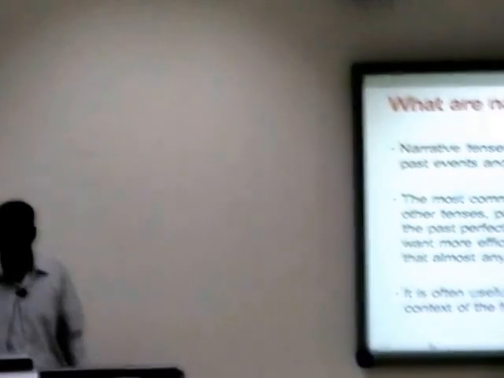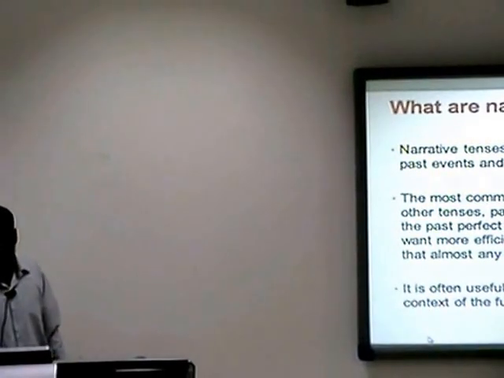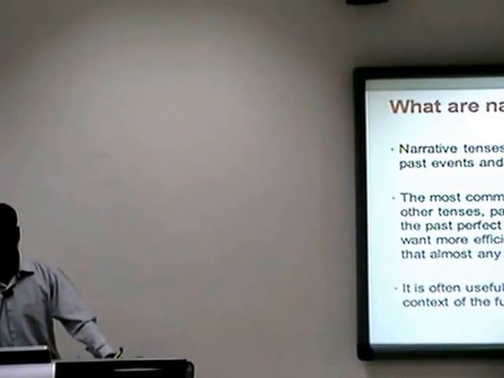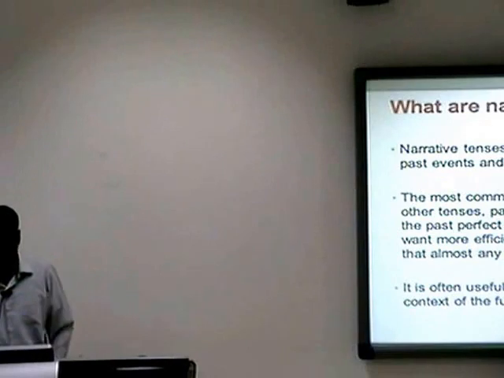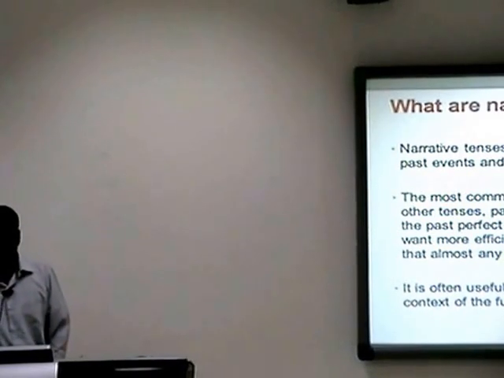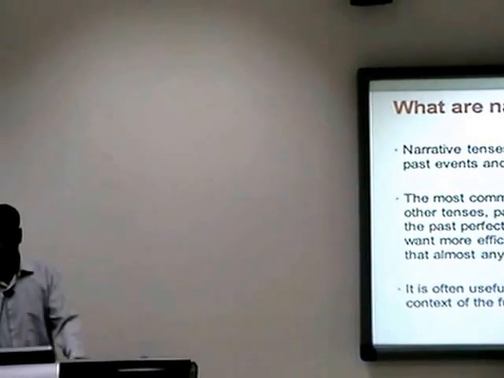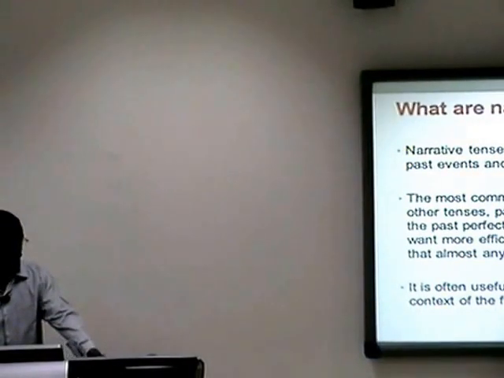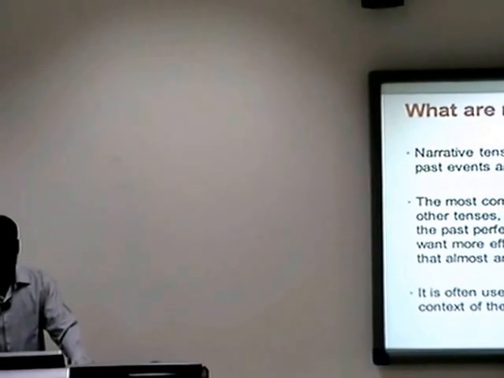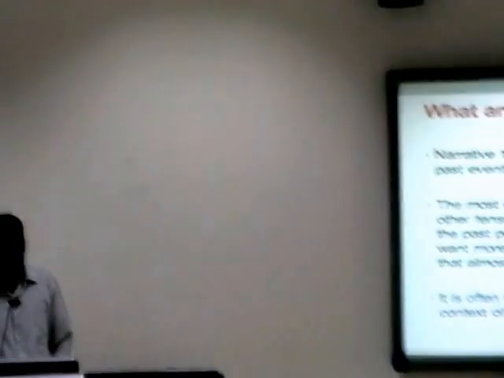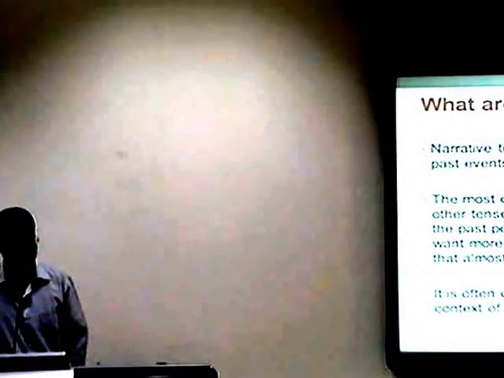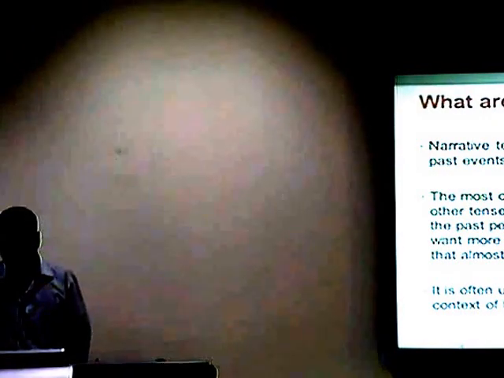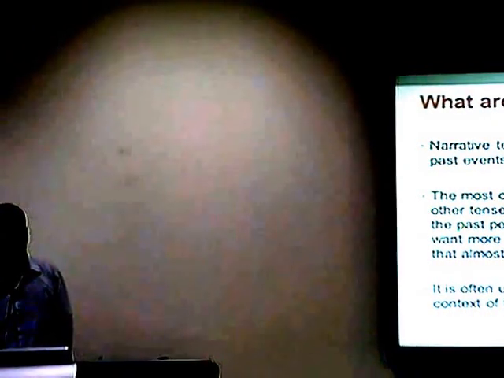Narrative tenses are the tenses that we use to talk about past events, what happened in the past, and tell stories. The most common of these is the past simple. Three other tenses, past continuous (was or were doing something), the past perfect simple, and the past perfect continuous, can help us to say what we want more efficiently.